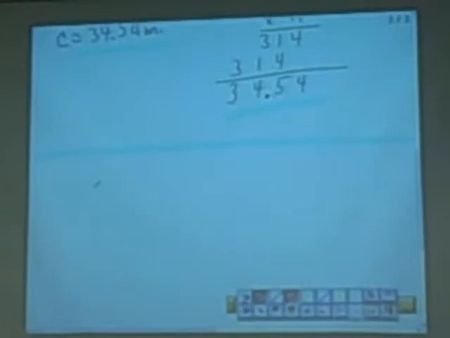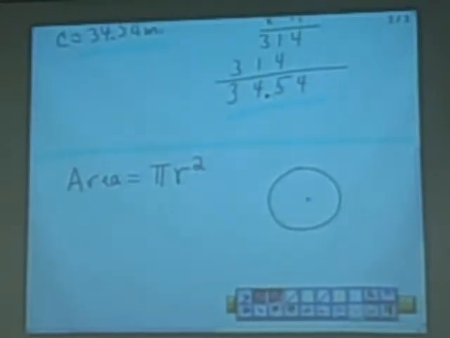Now, area. The equation for area is pi times the radius squared. Okay, and so here's our puppy again, right? Wearing around that circle, that circumference.